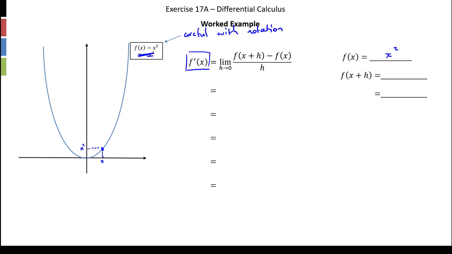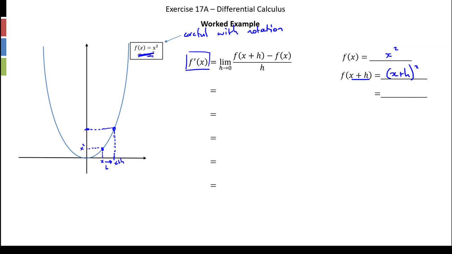Now if I pick some point some distance further along, h along, that means this coordinate here is x plus h, and I will get some output. If I put x plus h into my function, my output will be x plus h all squared.